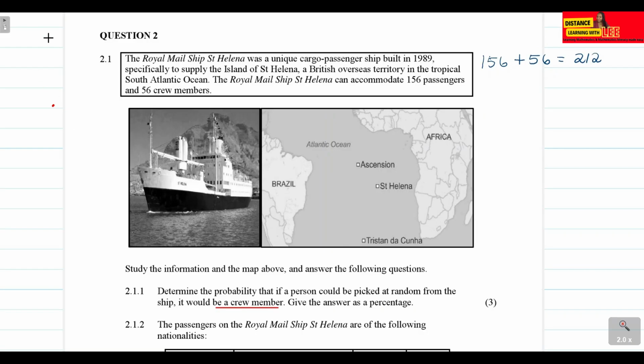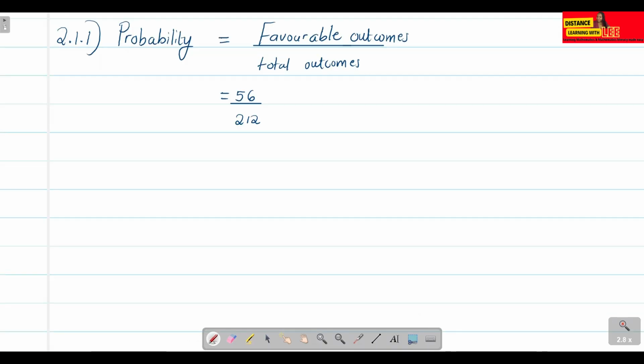The question also says that we need to give the answer as a percentage, so we now need to multiply this answer by 100. If you punch that into your calculator, you will get 26.415%.